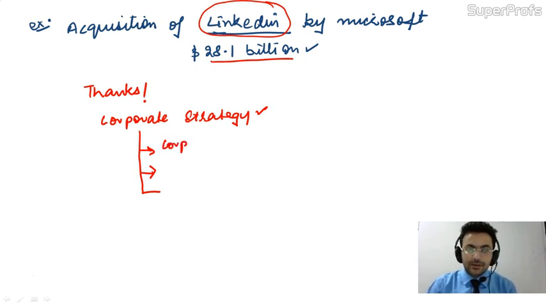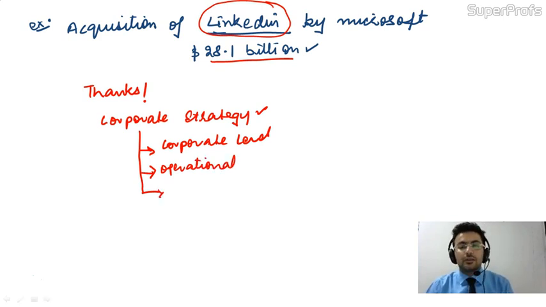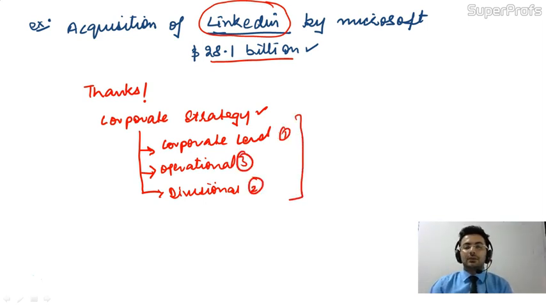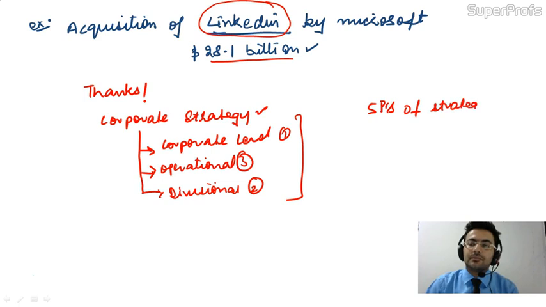You have studied corporate level, then operational or functional, and after that business or divisional. This was 1, this was 2, and this was 3, operational. So in the next class we are going to cover them, and apart from that, the 5 P's of strategy.